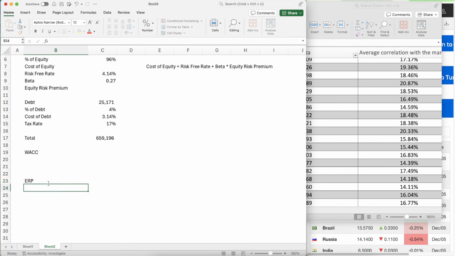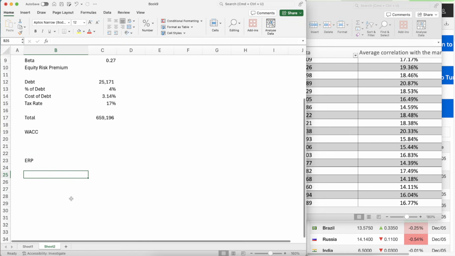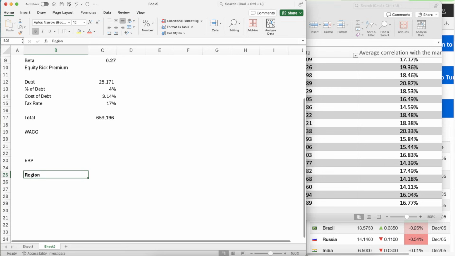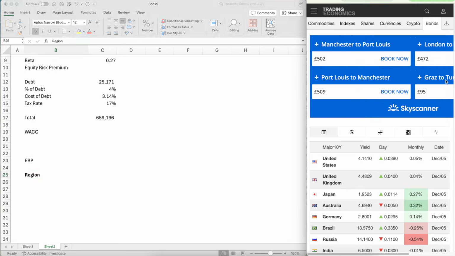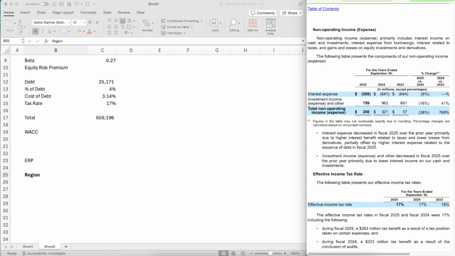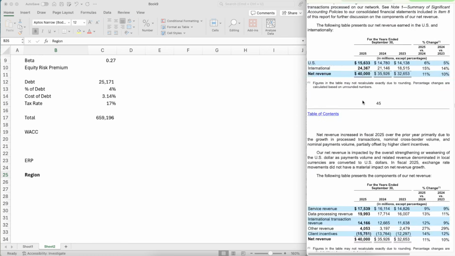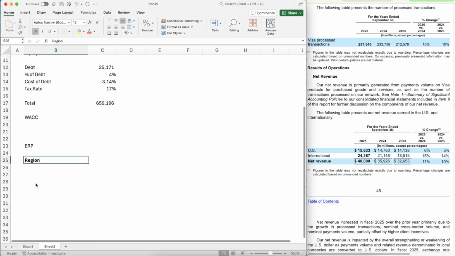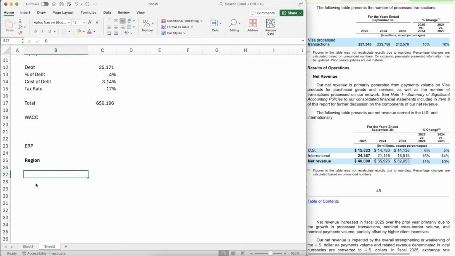The next one is the equity risk premium. So we need to work out where Visa generates its revenues. It actually breaks it down to US and international. And this is all we need, and we can get a more accurate risk premium than if we just use the US one.